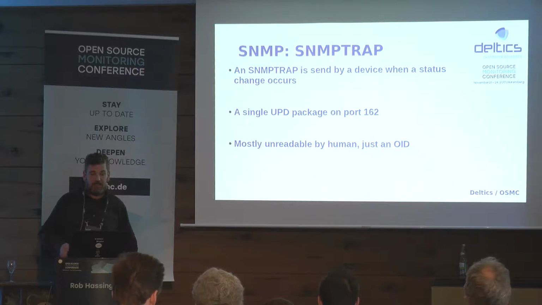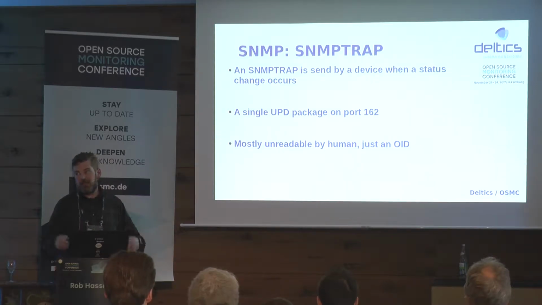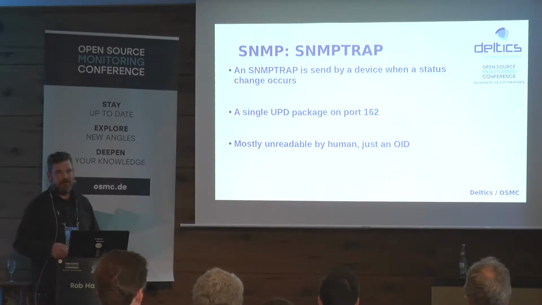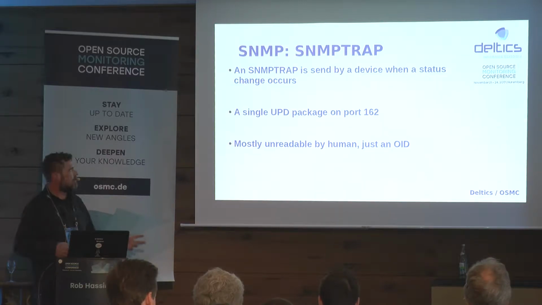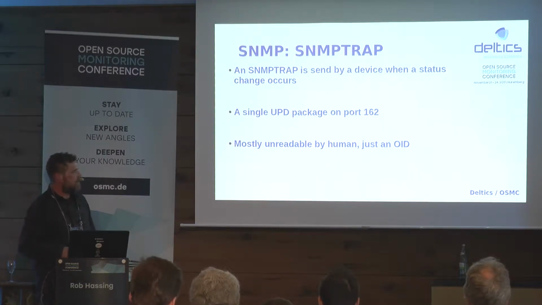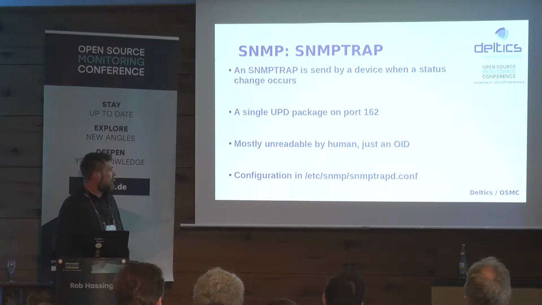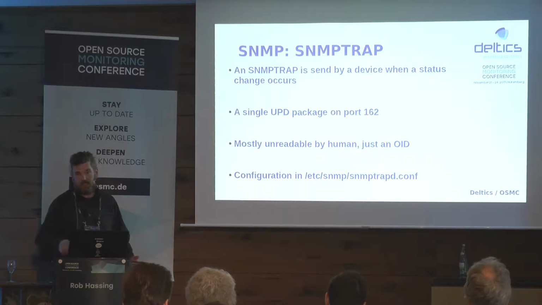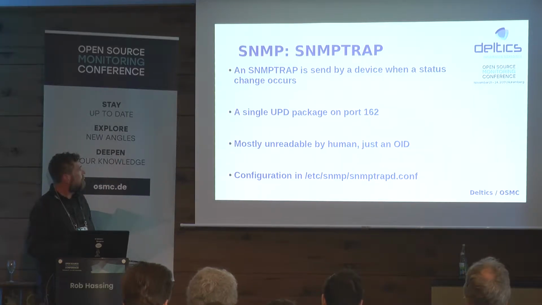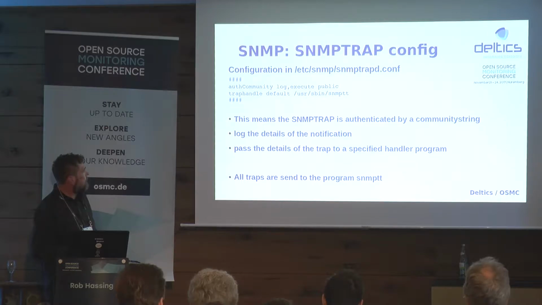The problem with that is it's just an OID. So it's again this bunch of numbers or a really cryptic description of what is sent out. And it's configured in the SNMP trap daemon config in a normal Linux system. So on your network management system, you'll have the SNMP trap daemon configured.